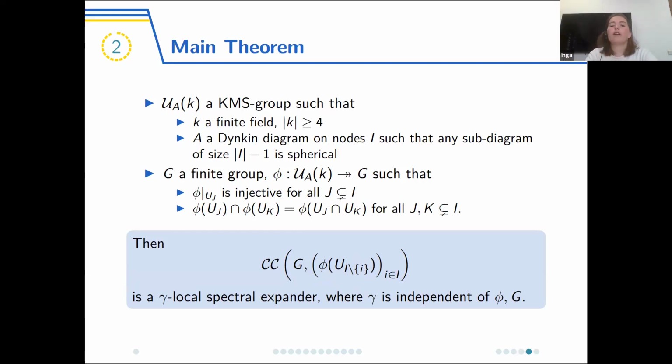So in particular, if we have an infinite family of finite quotients that satisfy these conditions, then we get an infinite family of local spectral expanders.